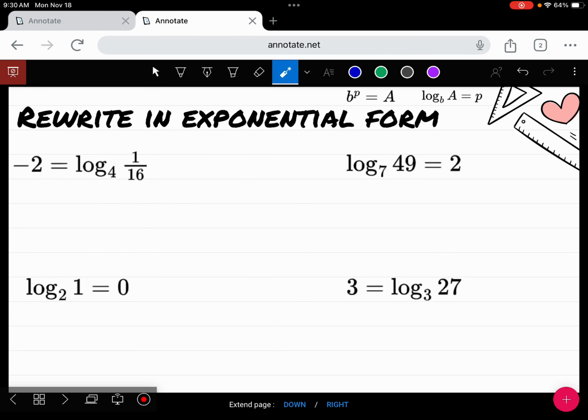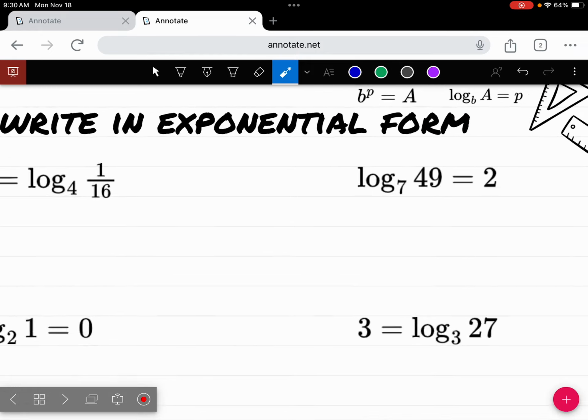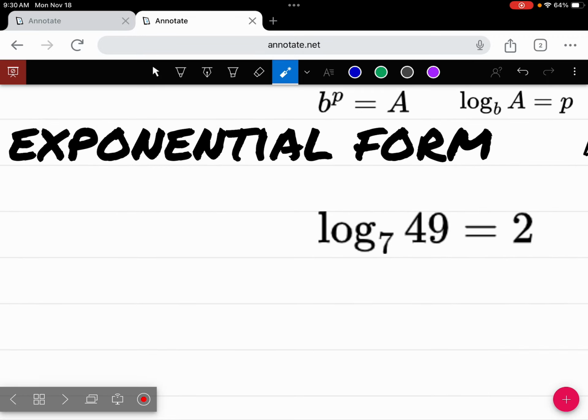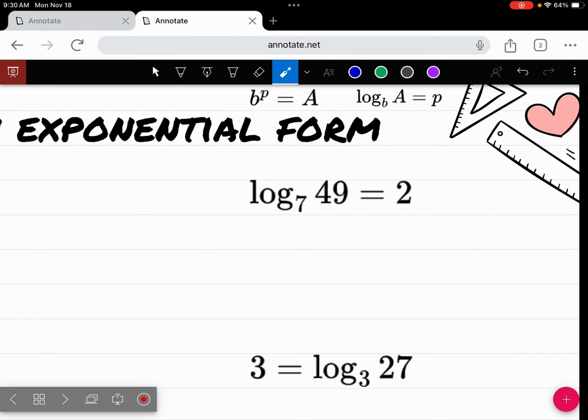Okay. So this is the top two rows. And what we're going to do is rewrite these in exponential form. I have our two little statements. They're very tiny, but they're up here. Our BPA, log BAP. And what we're going to do is figure out what is our base, which is the base of our log. What's the power?